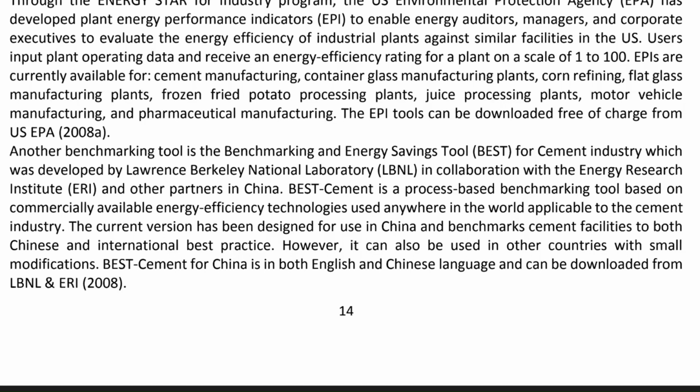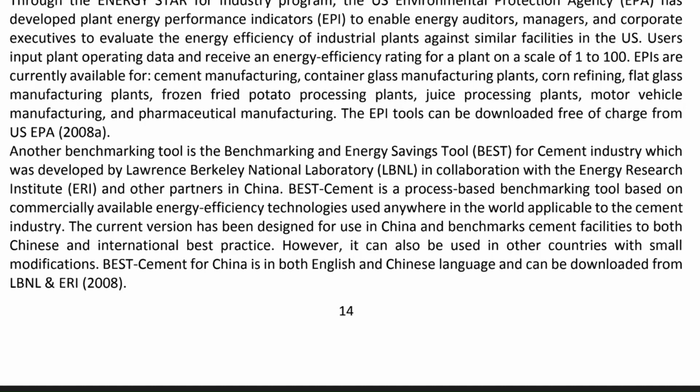This is the industry program initiated by the US Environmental Protection Agency, EPA, which developed the plant energy performance indicators, EPI, so that energy auditors, managers and corporate executives can evaluate the energy efficiency of their industrial plants. It was primarily for the US, but slowly other nations have also developed on similar lines.